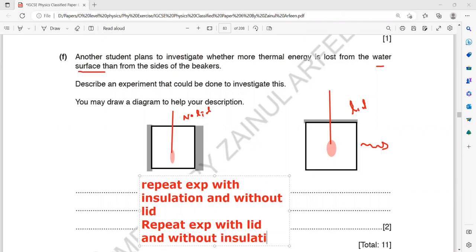And then I will compare the results or compare the temperature changes.